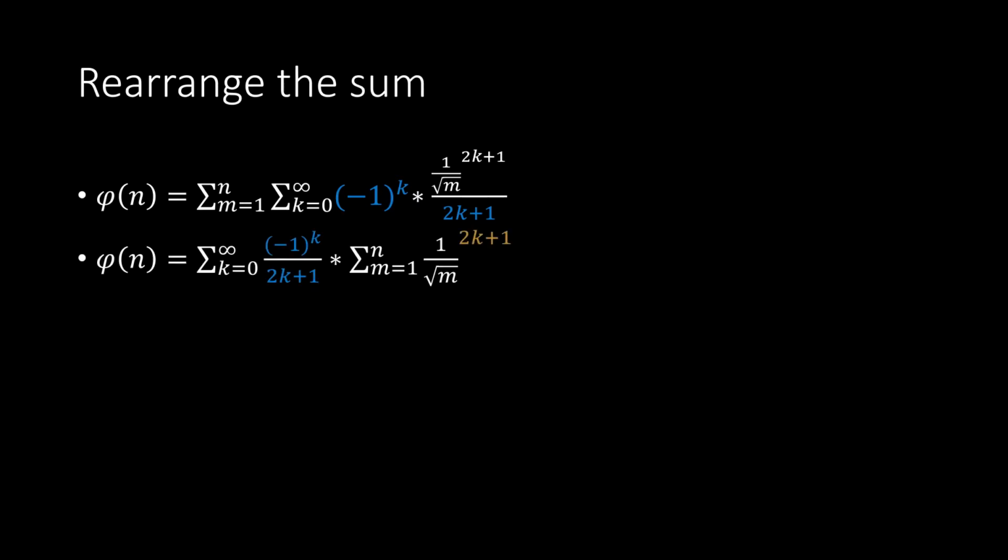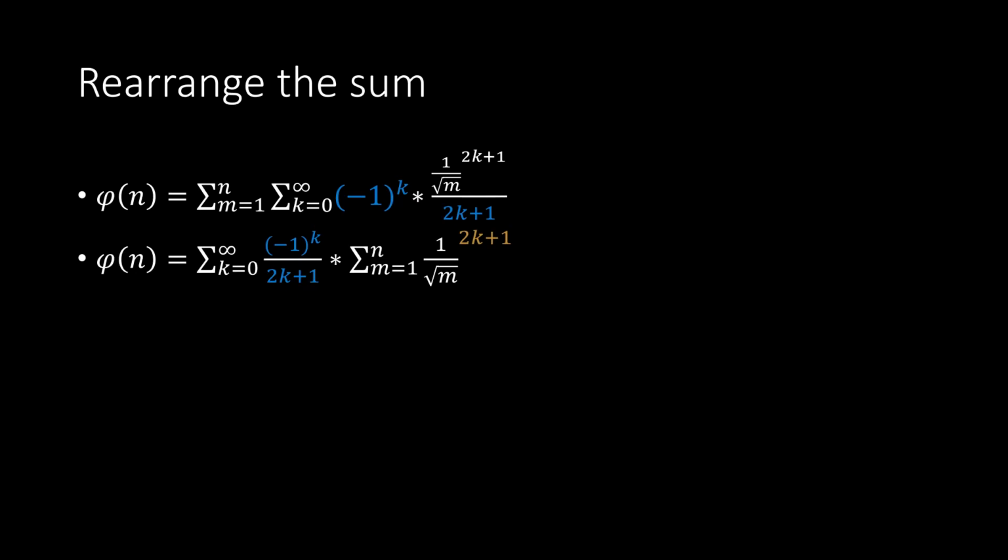Now we are going to rearrange the sum. So the first thing I'm going to do is take the things that are independent of m and draw them out. And then I can take the sum over m to n and put it inside.